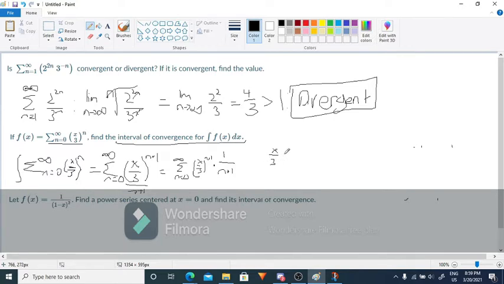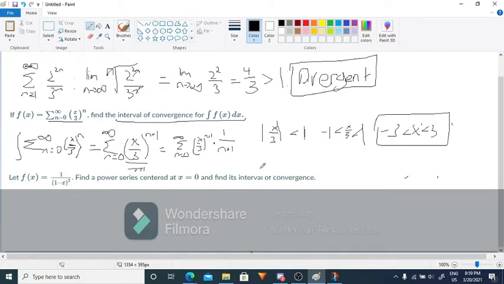So now we want the absolute value of this to be less than 1, which means we can write this inequality where negative 1 is less than x over 3, which is less than 1. And we solve this inequality by multiplying by 3, and we get negative 3 is less than x, which is less than 3, and that is our final answer. That's our interval of convergence.